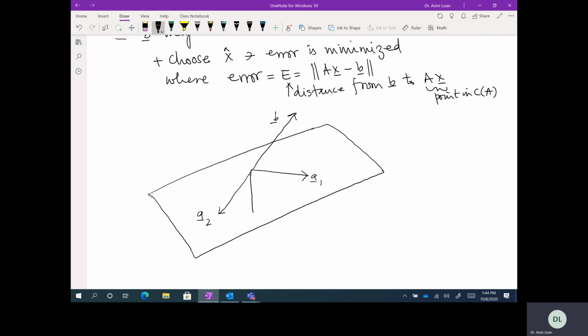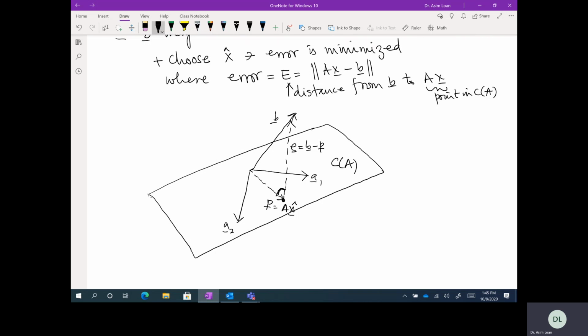And then what I do is I project this one onto this plane. So this is a right angle. This point is P, which is A times X hat. This is the column space of A. This vector is E, which is B minus P. Okay. I think this is all right.